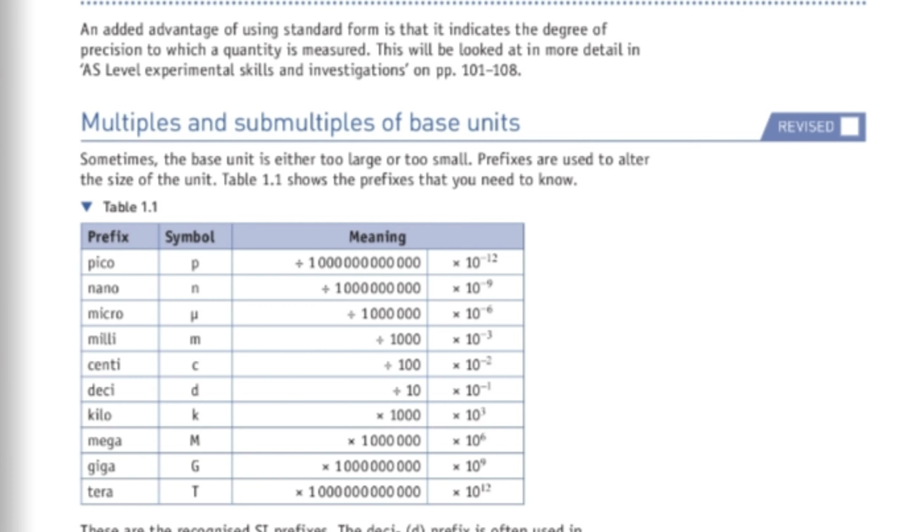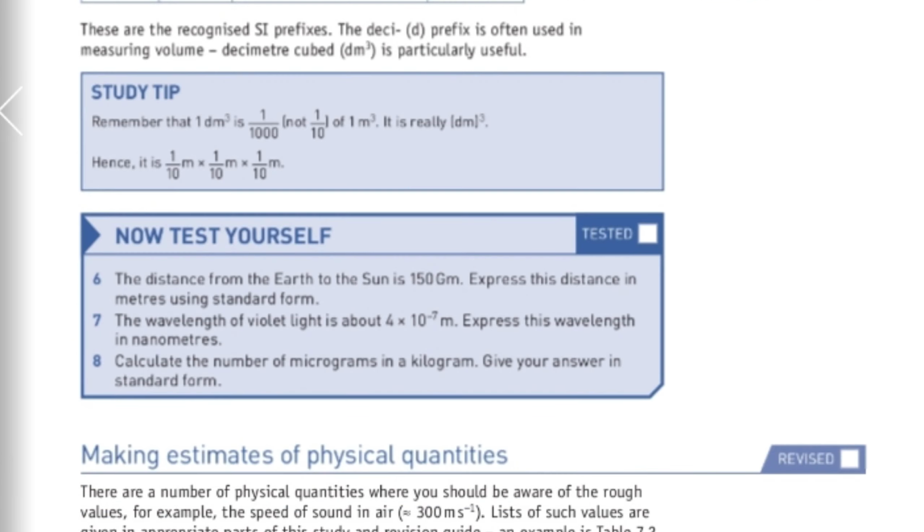Prefix, symbol, meaning: pico, p, 10 to the power negative 12; nano, n, 10 to the power negative 9; micro, mu, 10 to the power negative 6; milli, m, 10 to the power negative 3; centi, c, 10 to the power negative 2; deci, d, 10 to the power negative 1; kilo, k, 10 to the power 3; mega, M, 10 to the power 6; giga, G, 10 to the power 9; tera, T, 10 to the power 12.